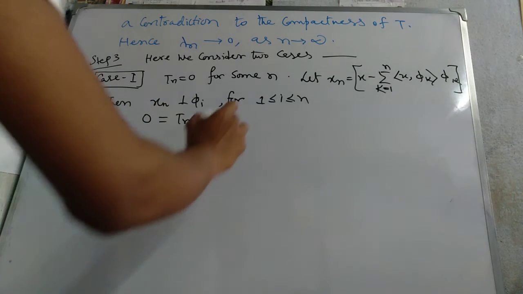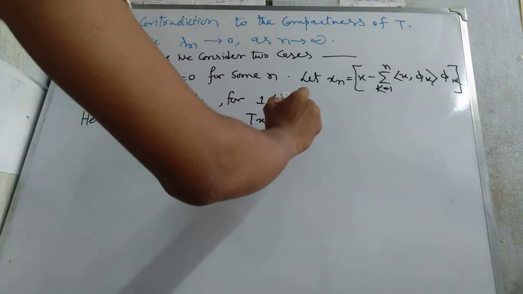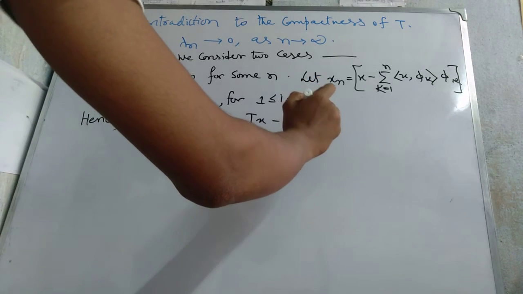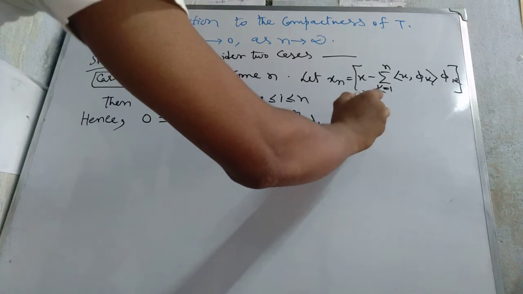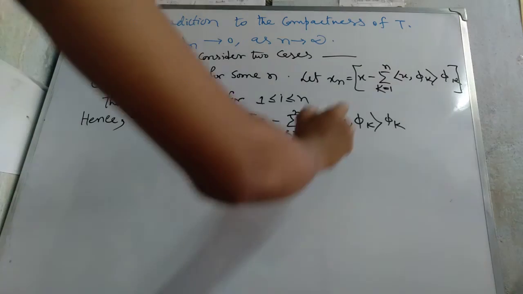Then 0 equal to Tn xn equal to Tx minus the sum over k equal to 1 to n of lambda k times the inner product of x with phi k times phi k.